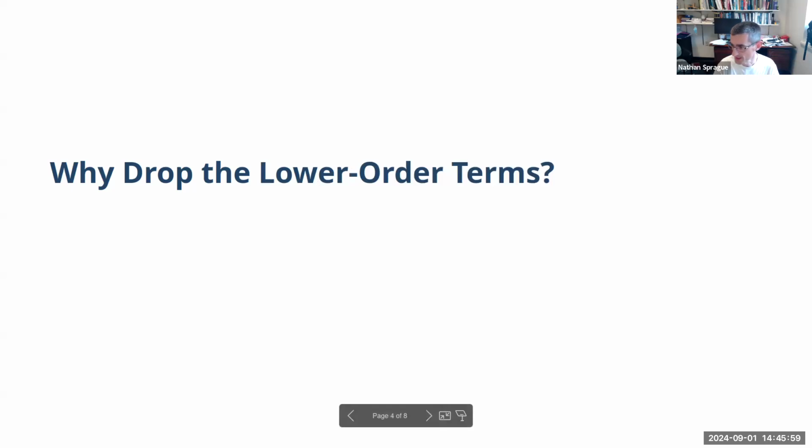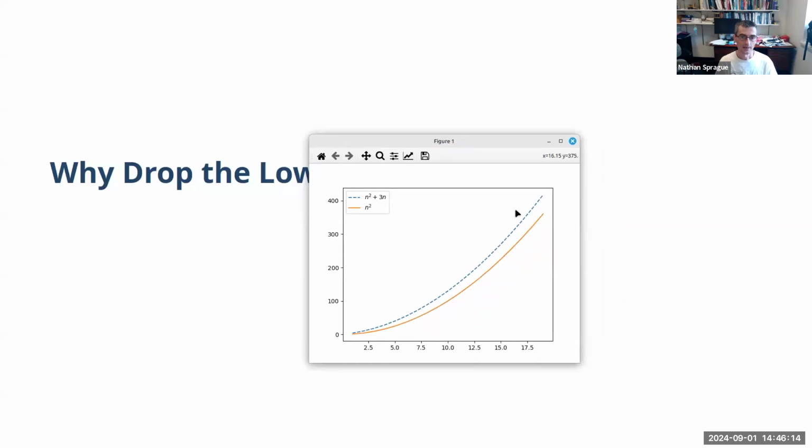How about lower order terms? Let's look at another example. Here we go. Now we're comparing n squared plus 3n to n squared.